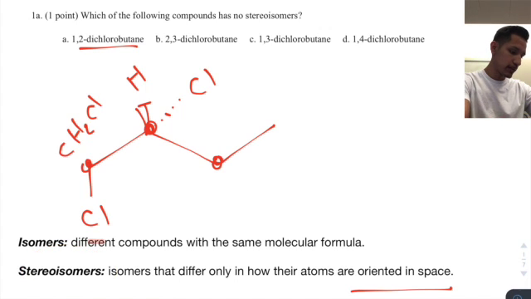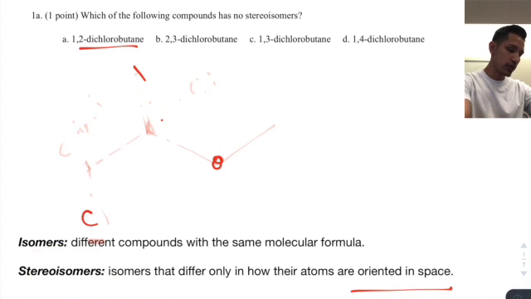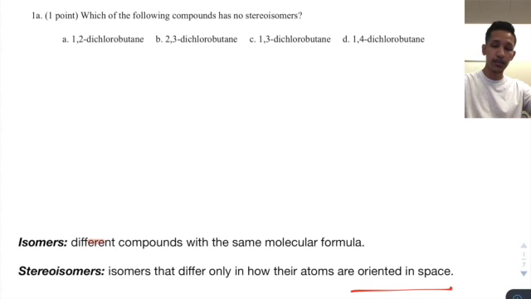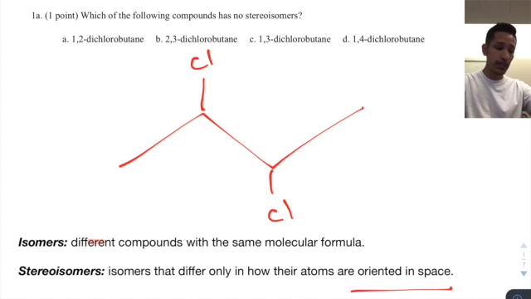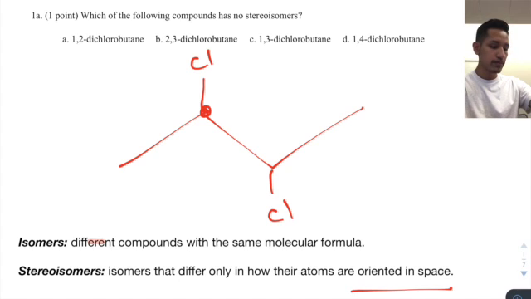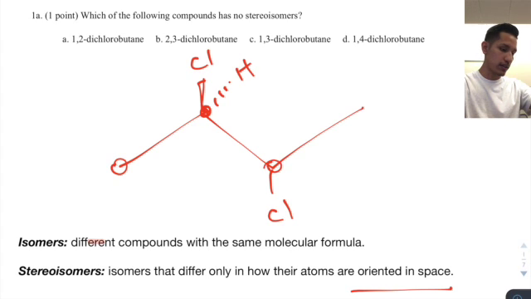Okay. And that's how we would look at the remaining possible answers. So for 2,3-dichlorobutane, we actually have two chirocarbons. We've got this carbon here attached to a chlorine, a hydrogen, and then two different R compounds.